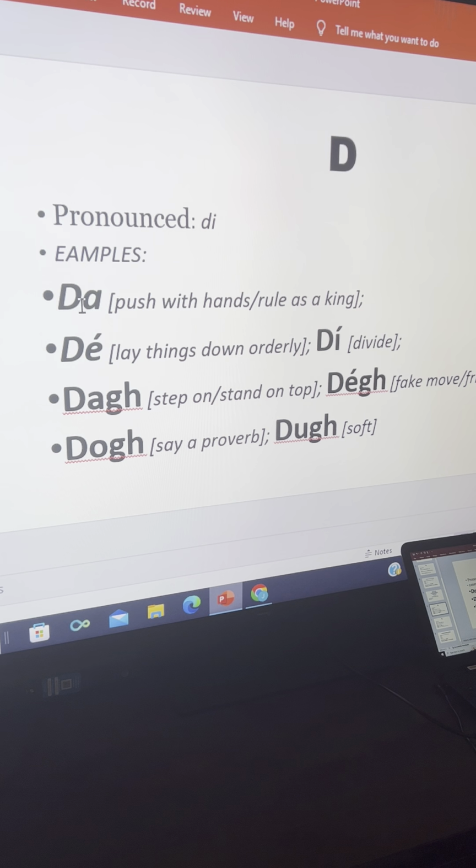Take for instance D, A. You see, it takes after the sound of the vowel A. So D, A, da. And that word in a book translates the English expression push with hands. When you push with your hands, da.